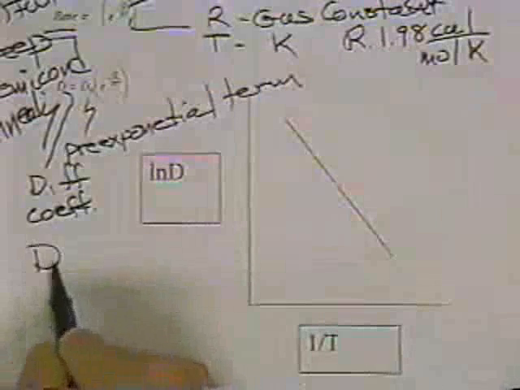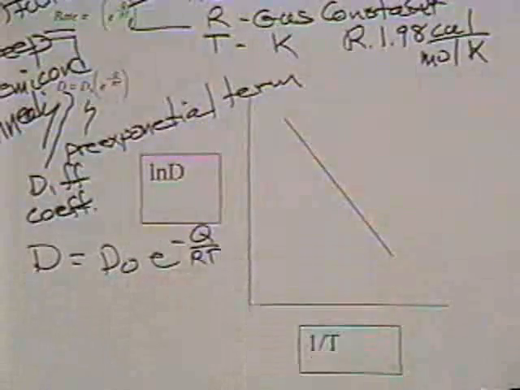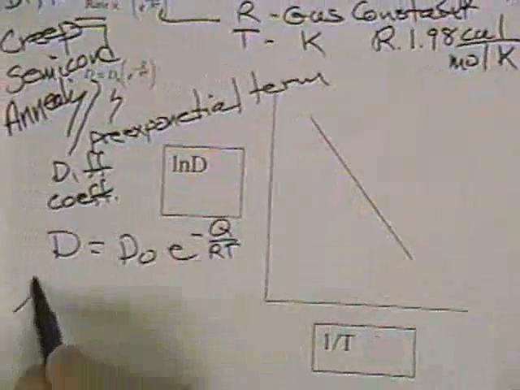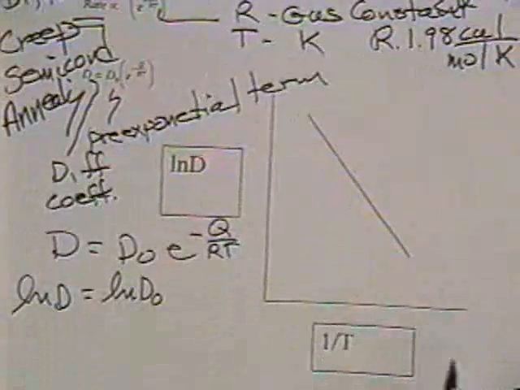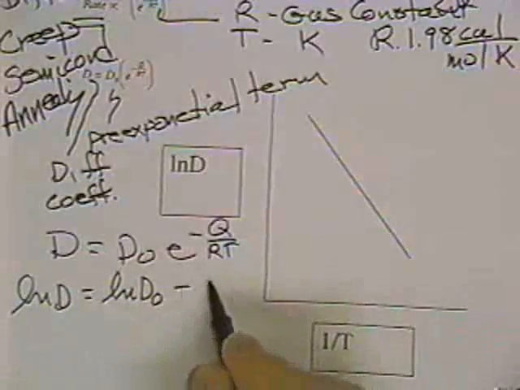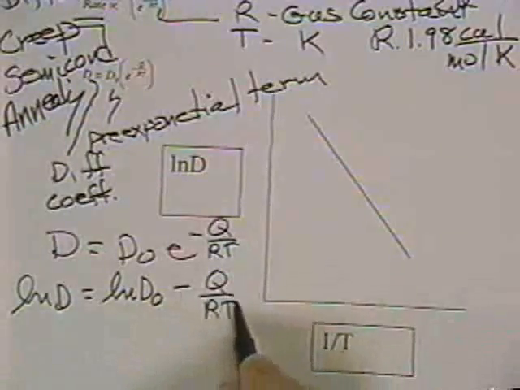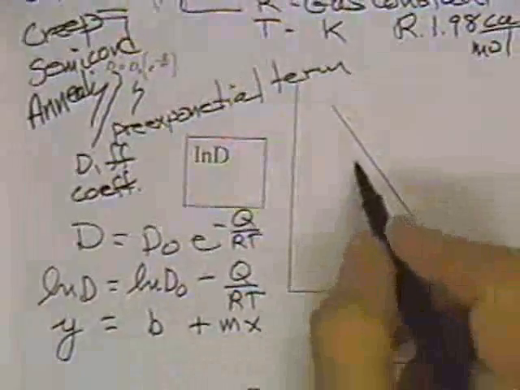If we write that D is equal to D0 e to the minus Q over RT, and we take the log of this, we have log D is equal to the log of D0, and if you take the log of the e, then the exponent comes out. You have minus Q over RT. And this should look amazingly like the equation of a straight line, where b is log D0 and m is the slope, minus Q over R.